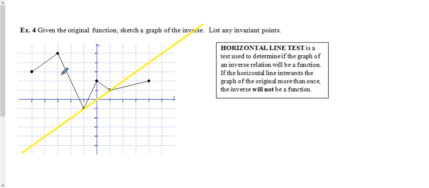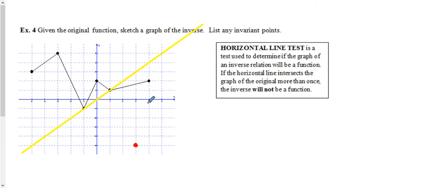So here we have, let's take a look at some of our coordinates. This looks to be negative 5 and 3. So I'm looking for 3 and negative 5 as a coordinate. The next one was negative 3 and positive 5 here.